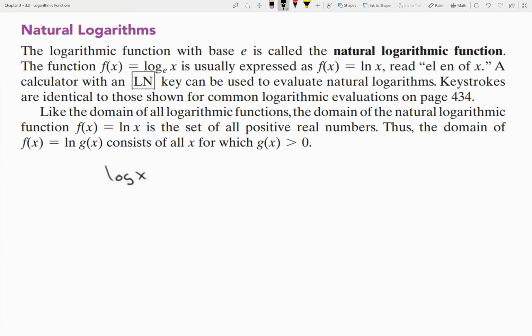Just like the common base exponential function, they're good at modeling real world applications. So instead of writing the log base e of x like this, we wanted a shortcut. The shortcut, plain old log, was taken, so because e is the natural base, we use the letters for natural log, ln.